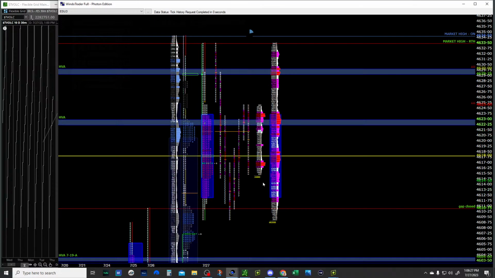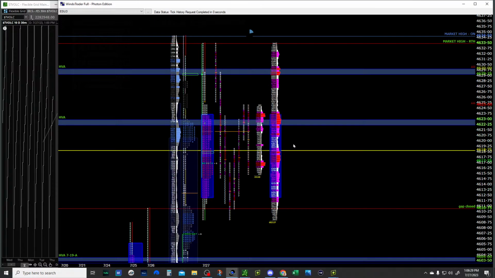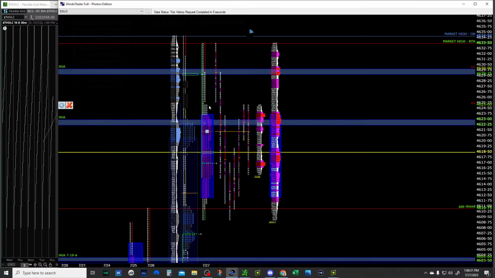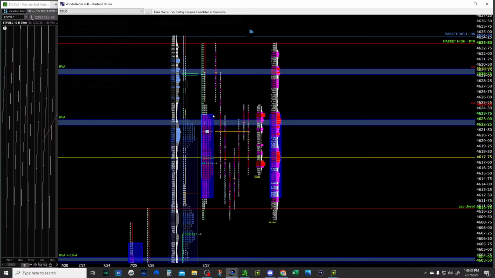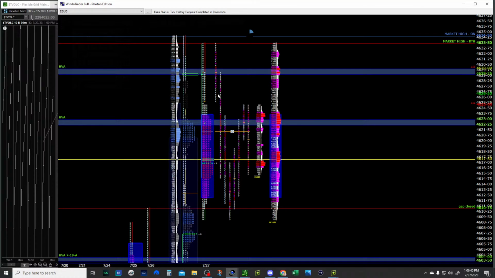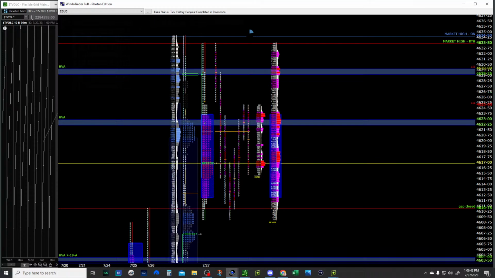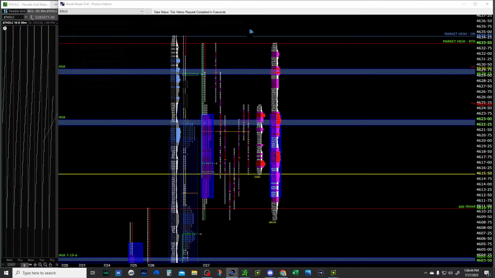There was also some rotation here. Now, are you the type of trader that goes short on this day to the upside from these levels? I am not. I am not that kind of guy.